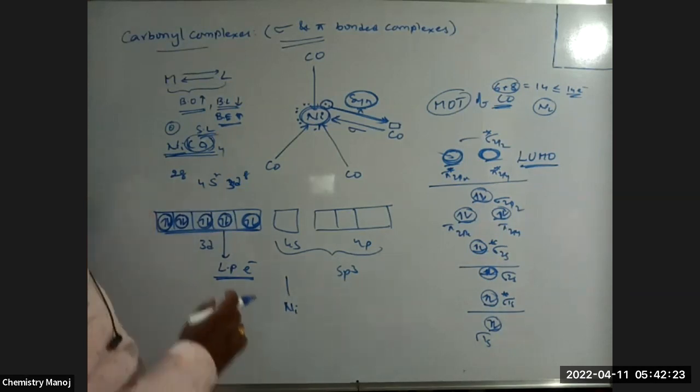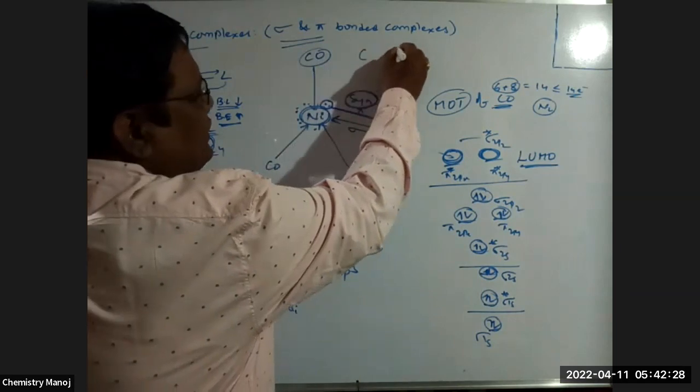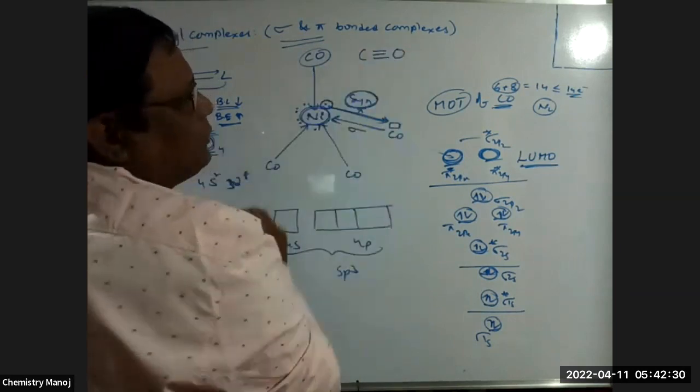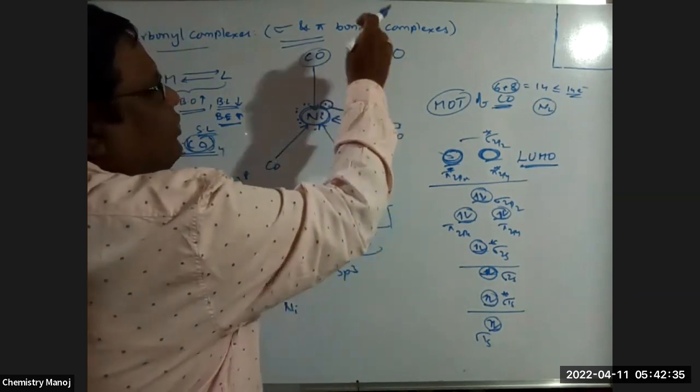Now, in carbon monoxide, there is a triple bond between carbon and oxygen. But because of the synergic bond, the triple bond converts into a double bond.